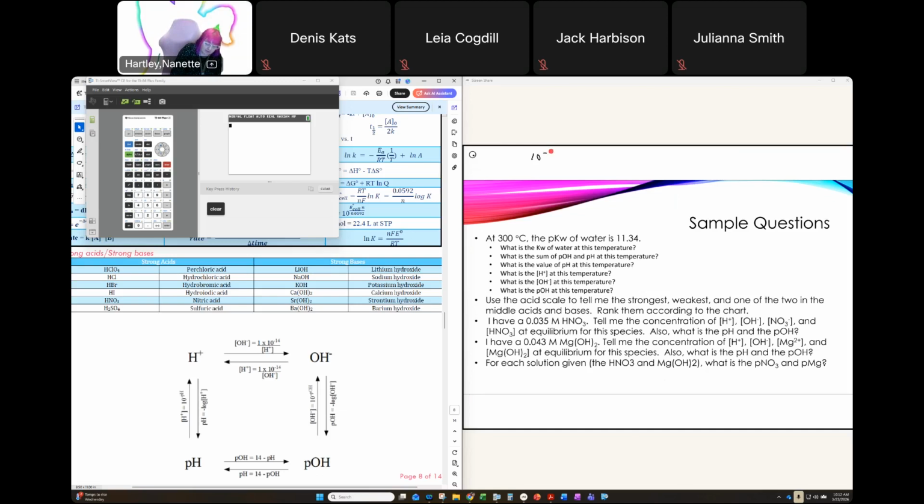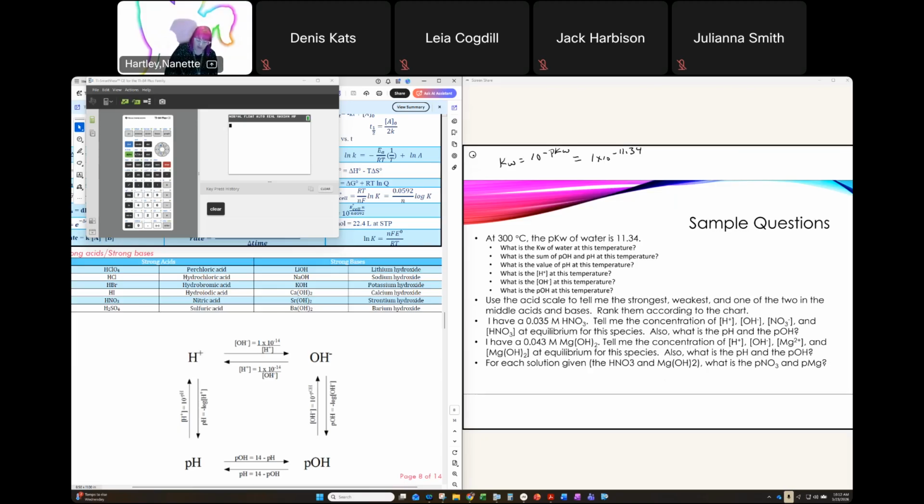So if I have 10 to the negative pKw, that should give me Kw. It's the same relationship. And so my value should be 1 times 10 to the minus 11.34. So instead of 1 times 10 to the minus 14th, at this temperature, it's 1 times 10 to the minus 11.34. Okay, so that's my Kw at that temperature.